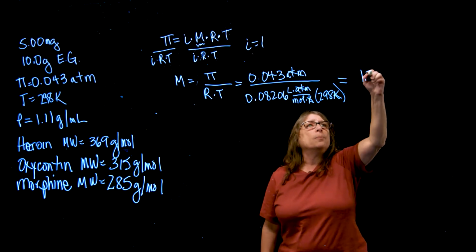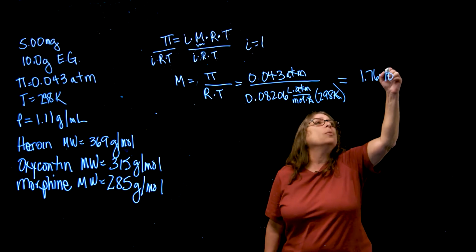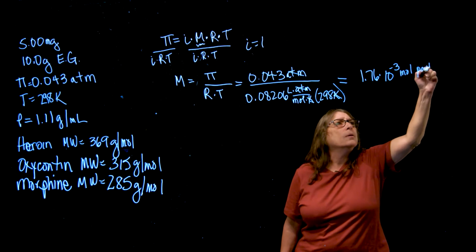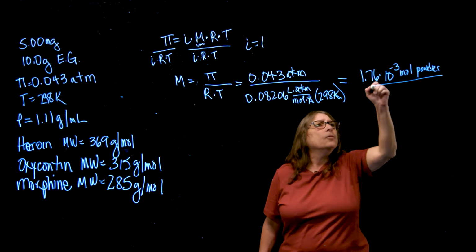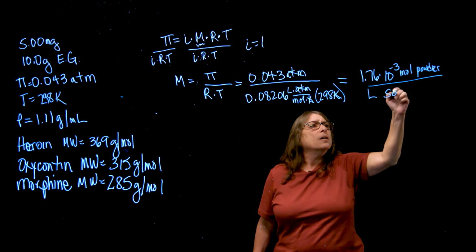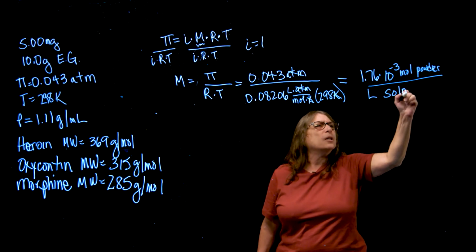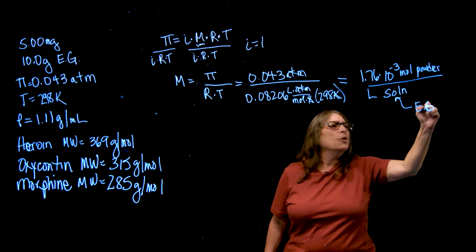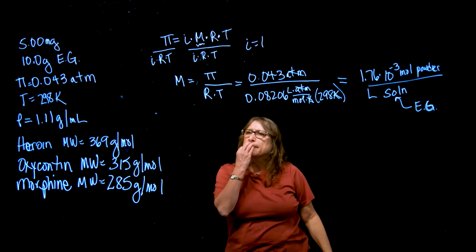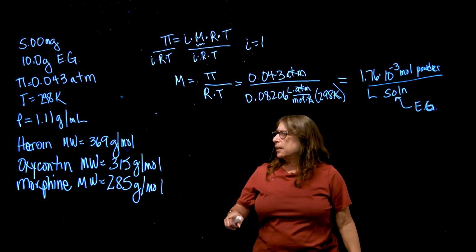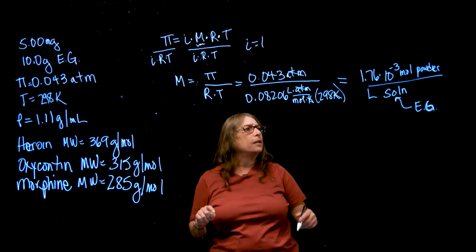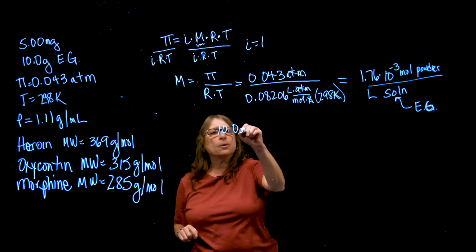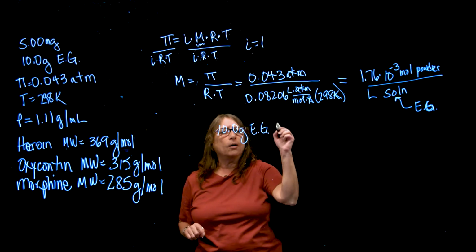And that number is 1.76 times 10 raised to the power -3 moles of the powder divided by liters of the solvent, or solution, actually. So I'm going to assume that this is just the volume of the ethylene glycol. Now I can find the volume of the ethylene glycol because I have its density. And so I started with 10.0 grams of ethylene glycol.